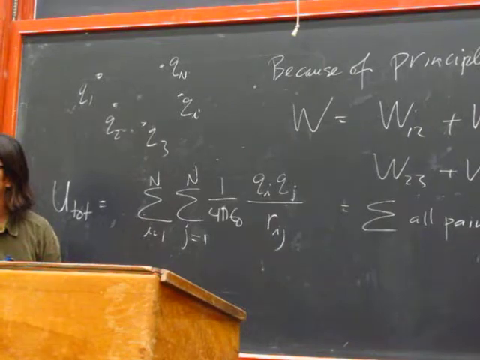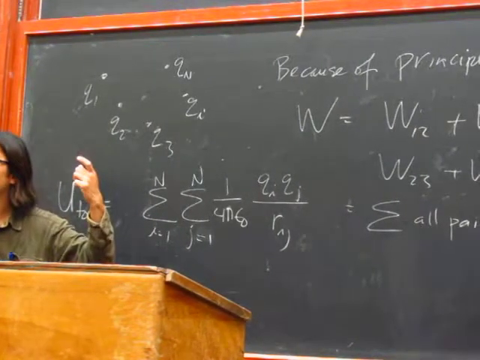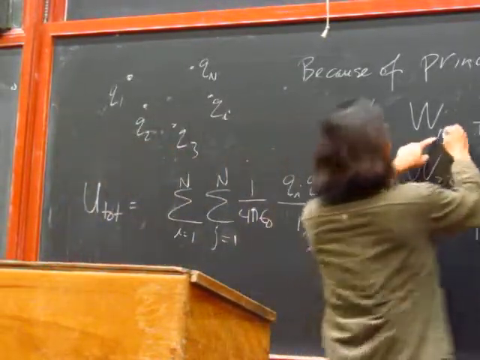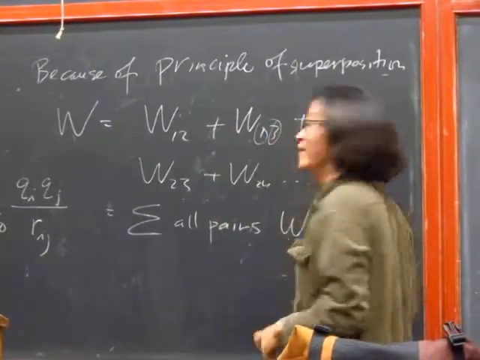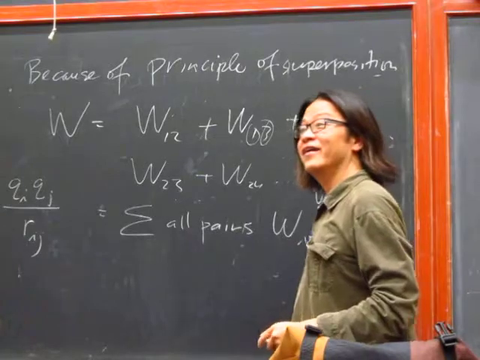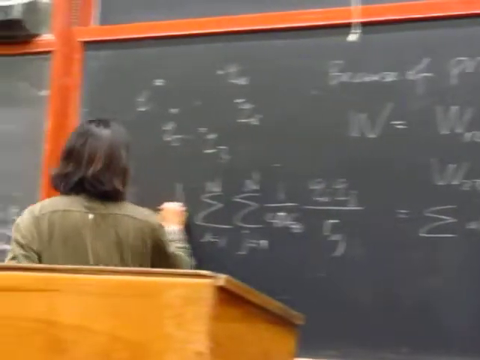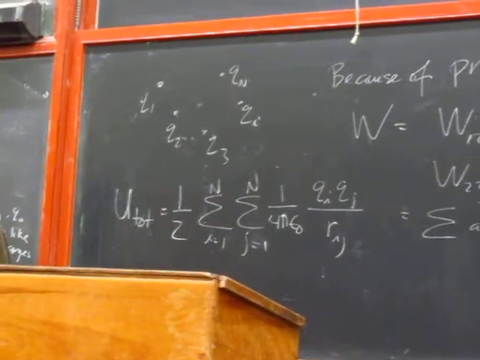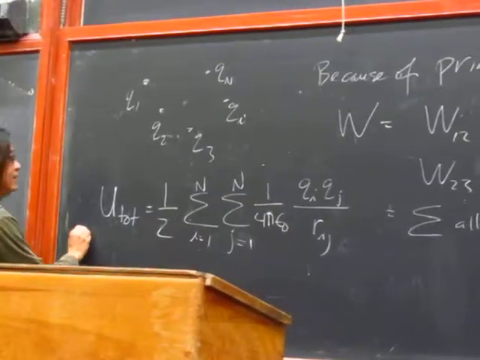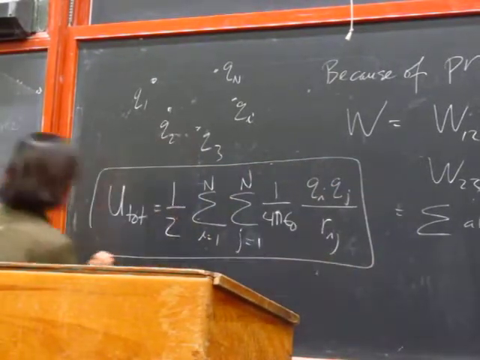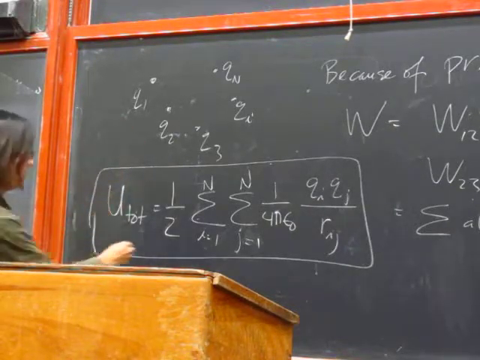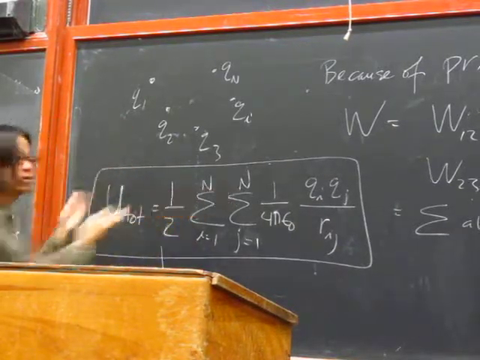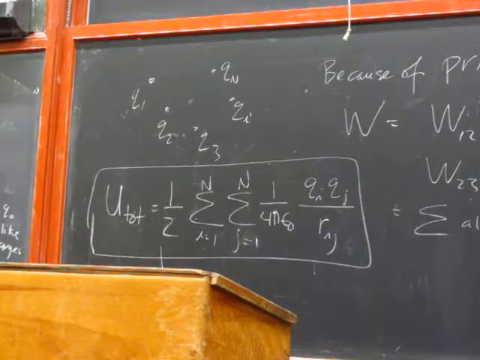You count it twice, because for every 1, 3, you also have 3, 1. So I just have to multiply by half. Okay? That's easier. So this is the energy of setting up this particular configuration of charges.